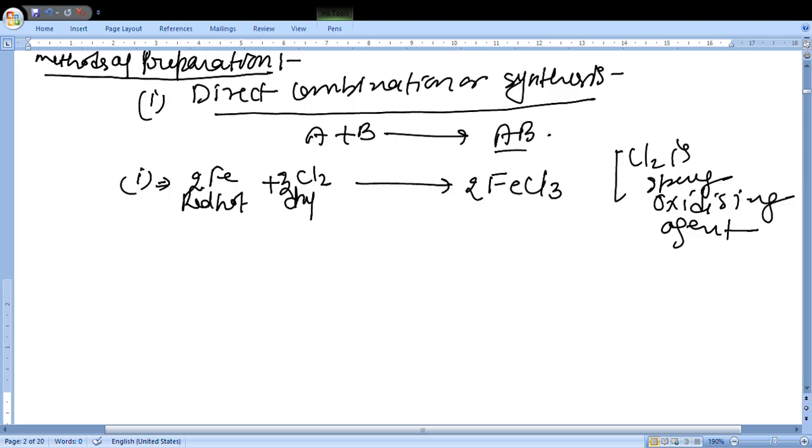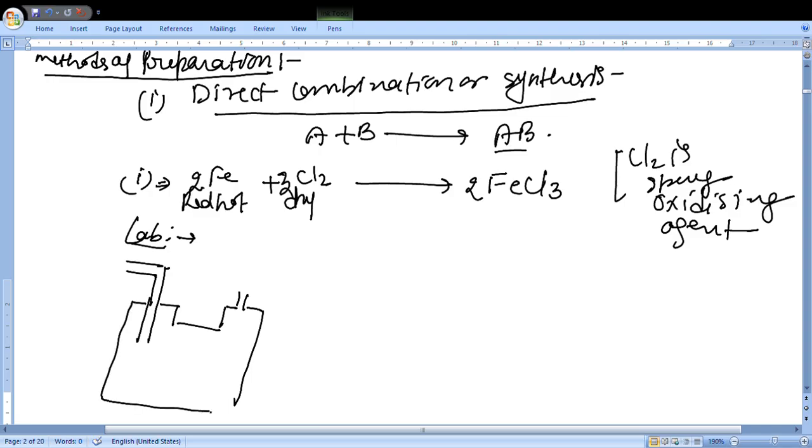So here the question is asked, number of questions are asked. How is it prepared in the laboratory? We pass chlorine gas first of all through concentrated sulfuric acid to remove moisture.